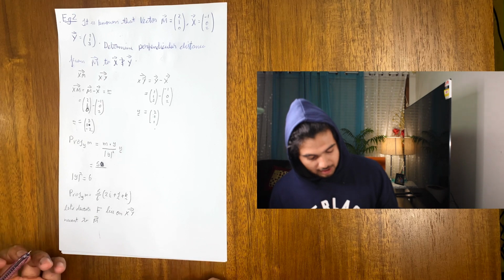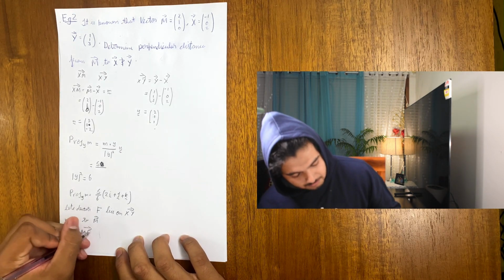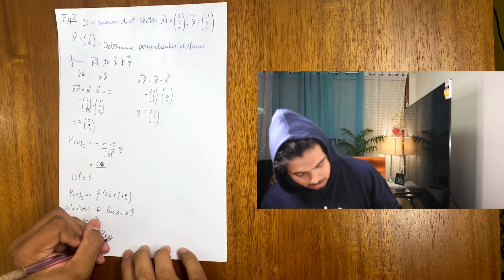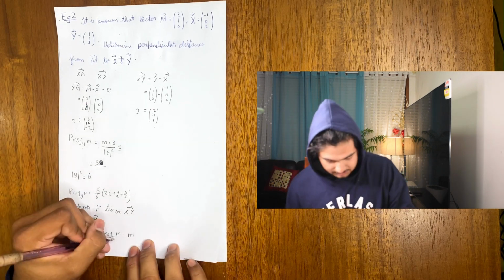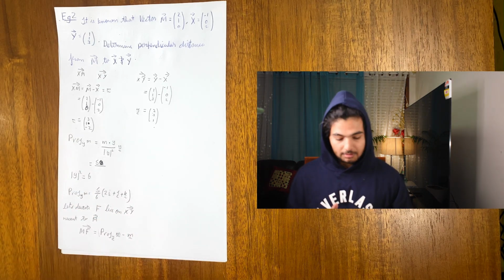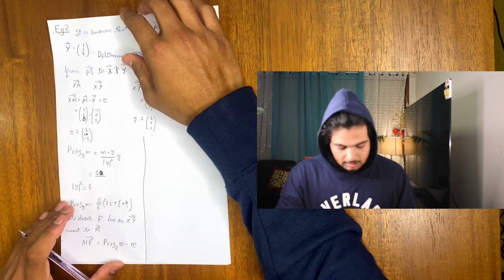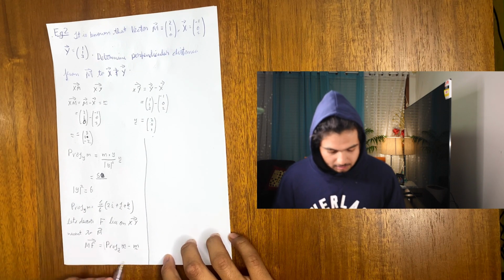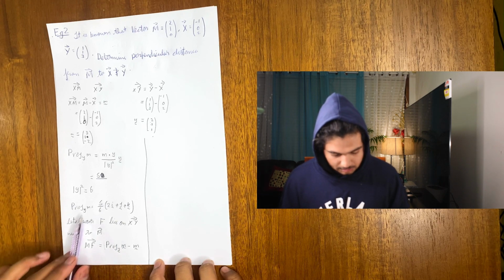So what we are going to find then is vector mf, which is going to be the projection of y onto m minus vector m. This is what we're trying to find, vector mf. We know what the projection already is, over here.